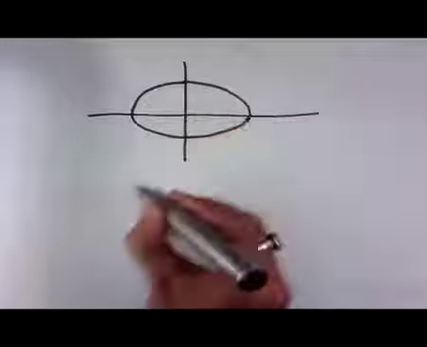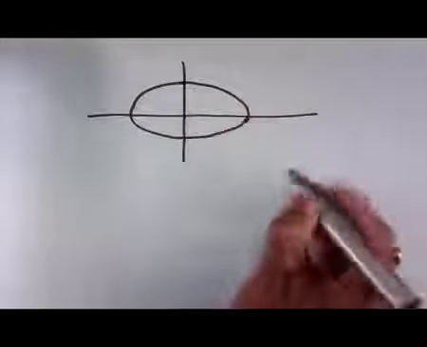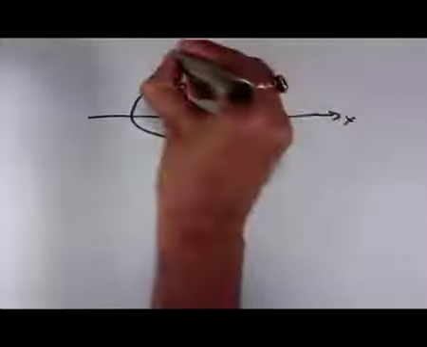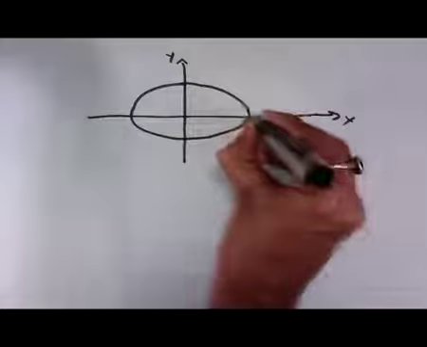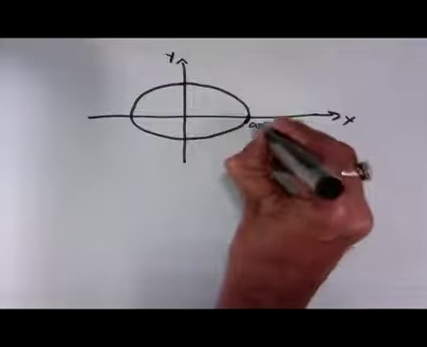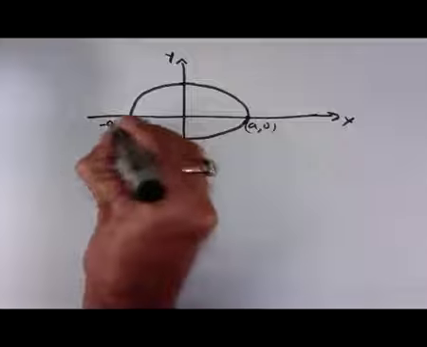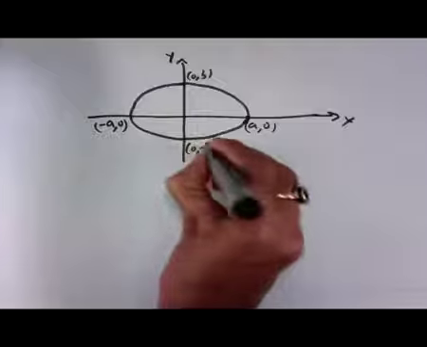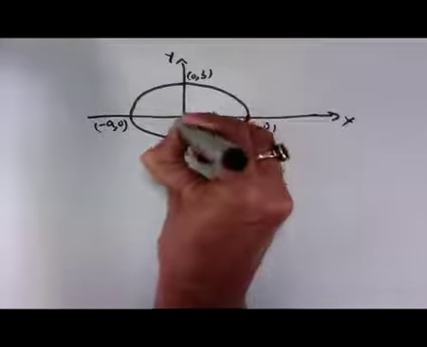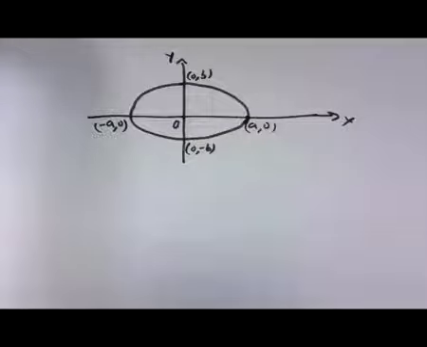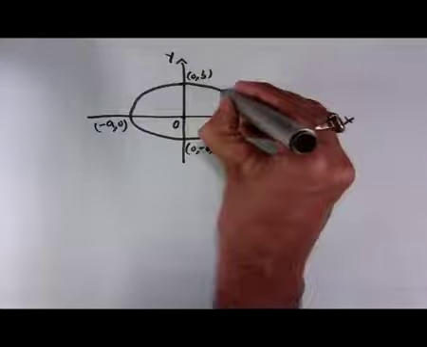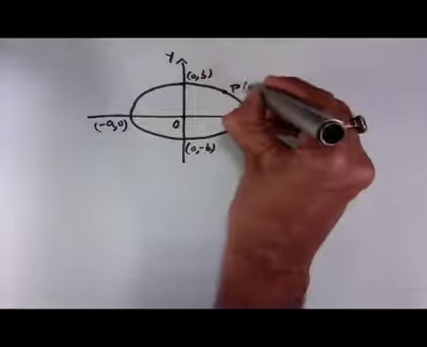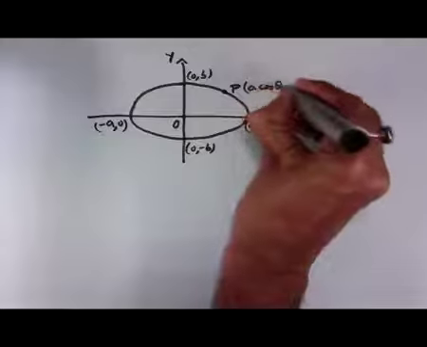Suppose this is our ellipse x square by a square plus y square by b square equal to 1. Then we have these points a, 0; minus a, 0; 0, b; 0, minus b. This is the origin O. Now, here is a general point P whose coordinates are a cos theta and b sin theta.